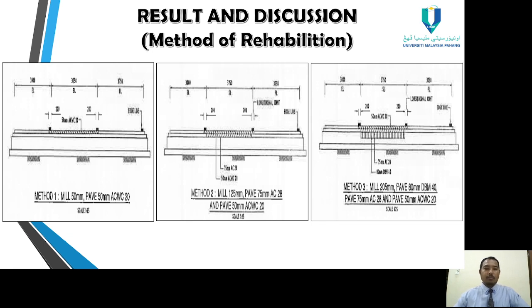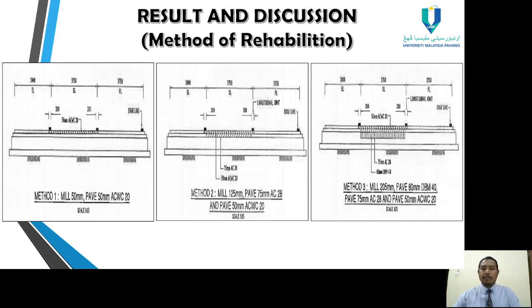Method number 2 is to mill and pave 125 mm AC28 and another 27 mm AC28, and another layer of 50 mm ACWC 20. It was a replacement of two layers, wearing and binder.